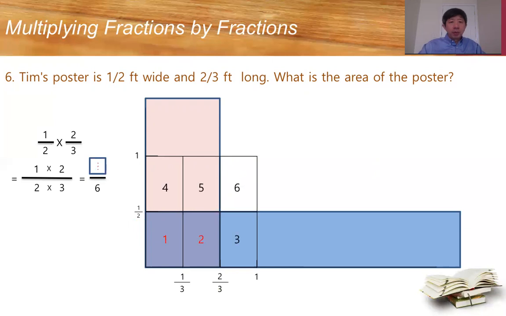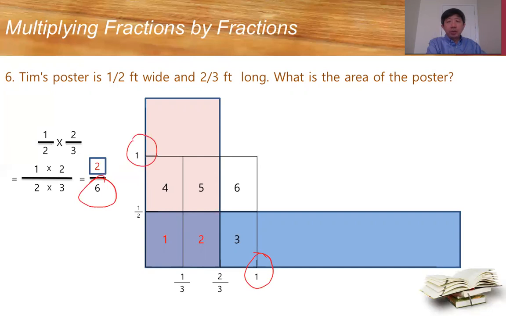2/6. So what's the 2 here? Did you see 2? Because the overlap is 2, 1 and 2. Right? Now what about 6? What's the 6 mean? Under 1 by 1, how many units?